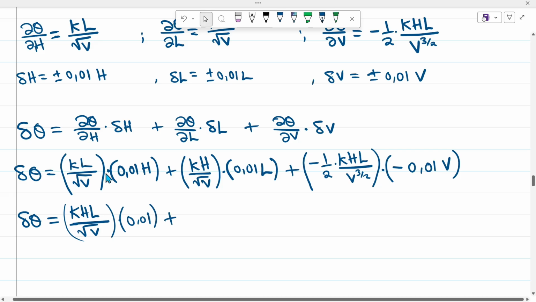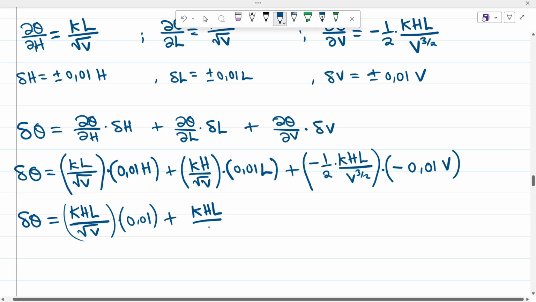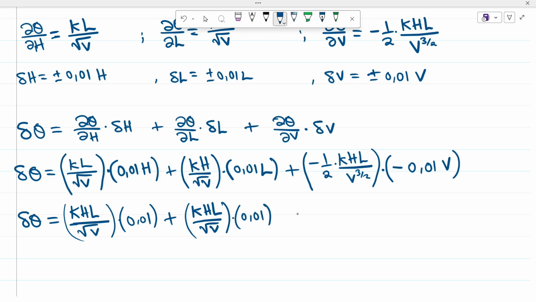Because I've already multiplied h with that thing, and then from here I multiply l with this, I get khl, right? I'm going to get khl divided by what? Divided by root of v multiplied by 0.01.